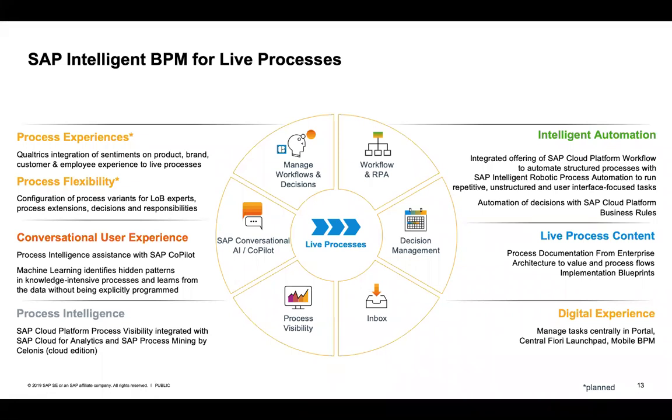But we also plan to enhance this and enable partners to create content for certain scenarios and to provide it. This could be, for example, workflow templates, certain business rules, user interfaces, or certain process visibility dashboards. Partners can build this content and deliver it to our customers, to make use of it out of the box.